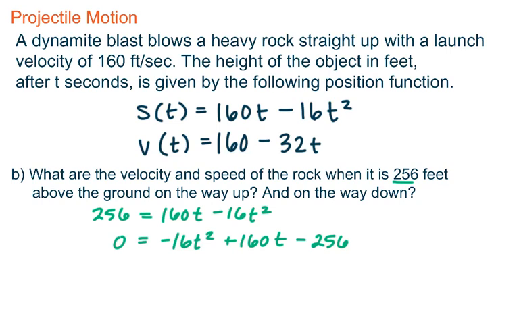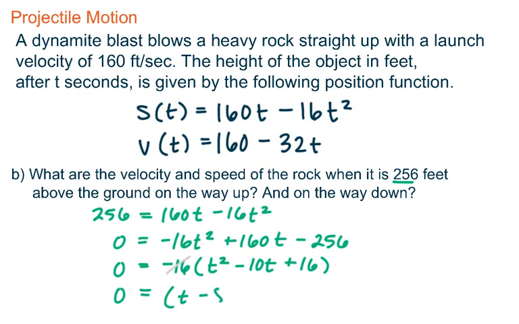From here, in order to solve this, I'll factor out a negative 16, which leaves me with t squared minus 10t plus 16. And this factors, dividing by negative 16 on both sides, that would go away. We would get t minus 8, t minus 2.